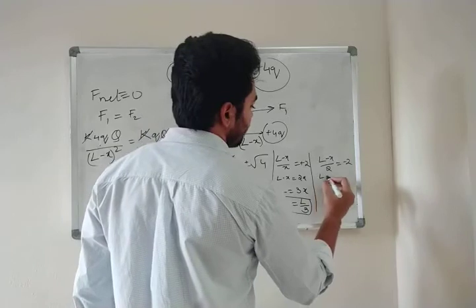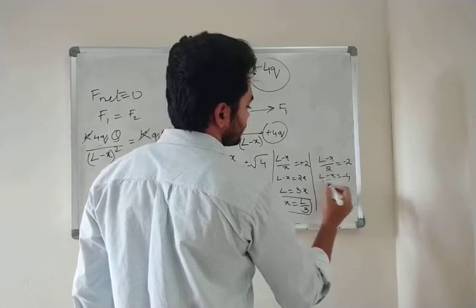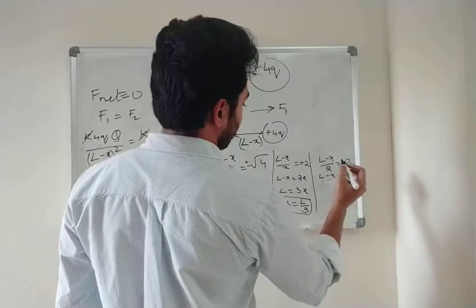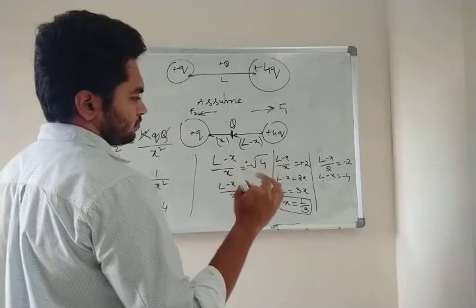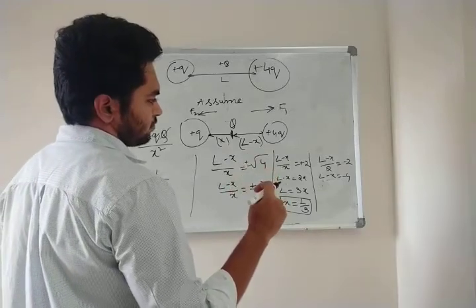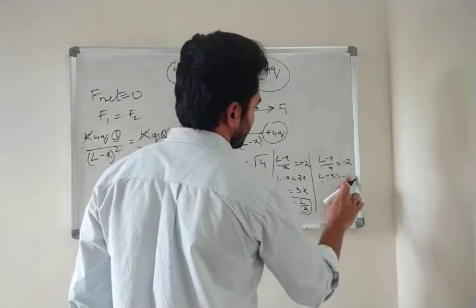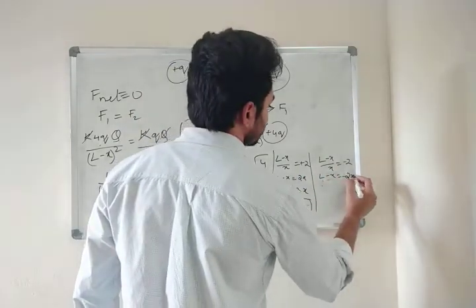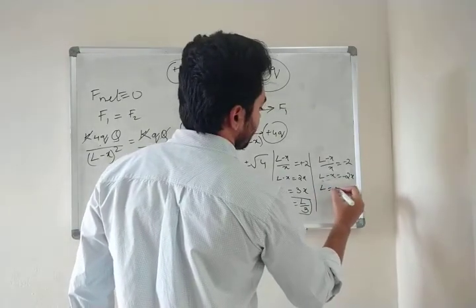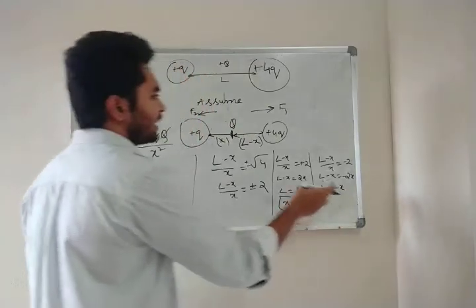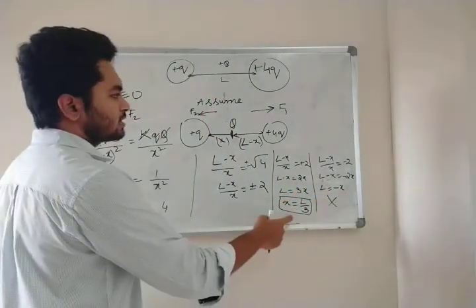Here L minus x by x is equal to minus 2. So L minus x equals minus 2x, L equals minus x. So how can L be negative? So this is not possible.